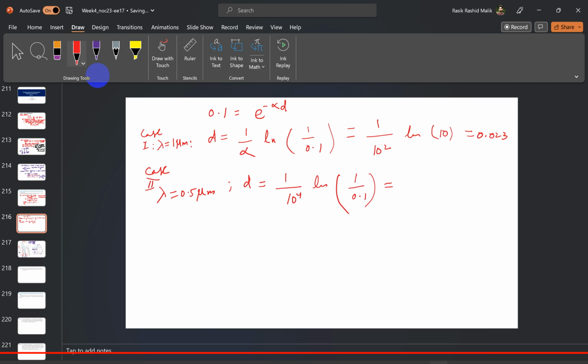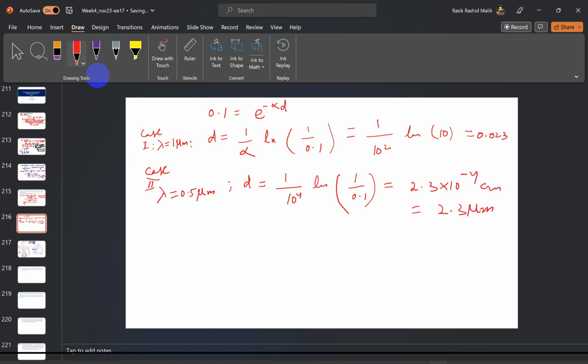So that is coming out to be the same value except divided by 10 to the power 2 again. So that is 2.3 times 10 to the power minus 4 centimeter, or 2.3 micrometer, and here it is in centimeter.